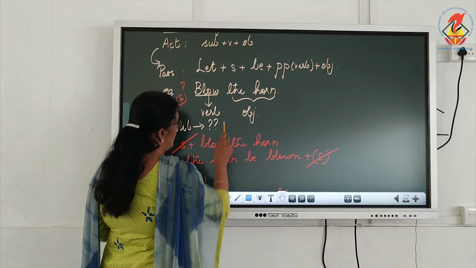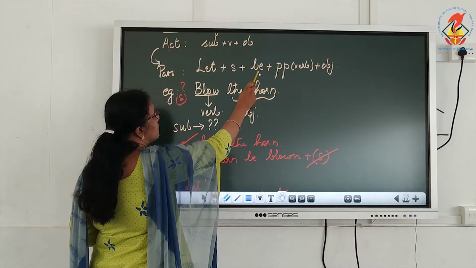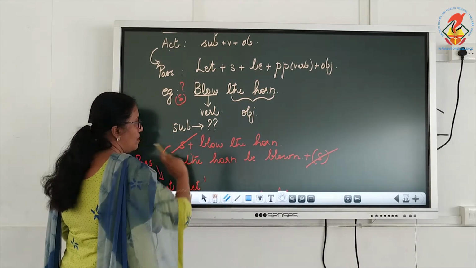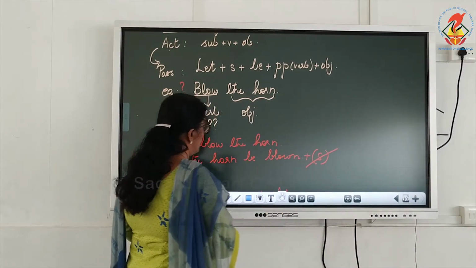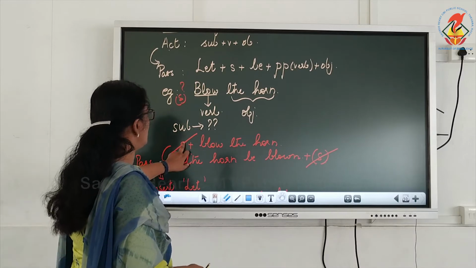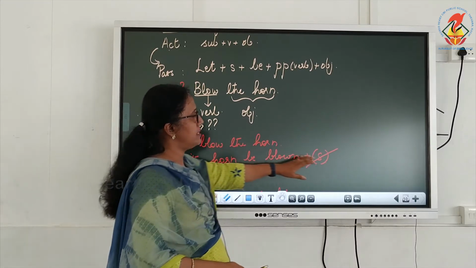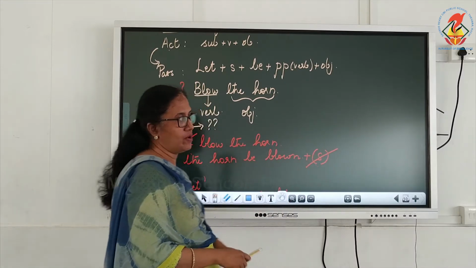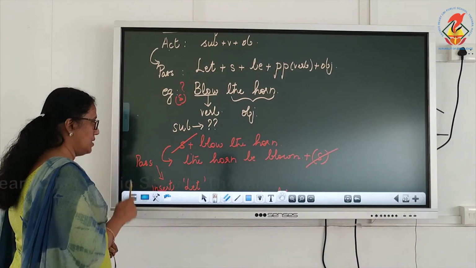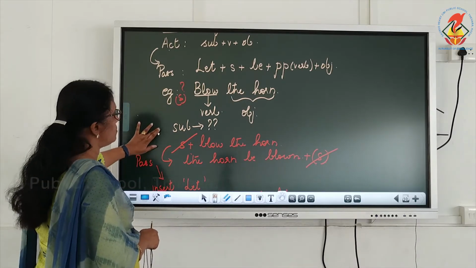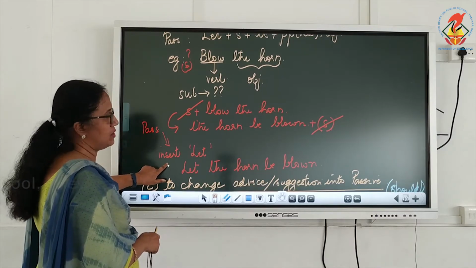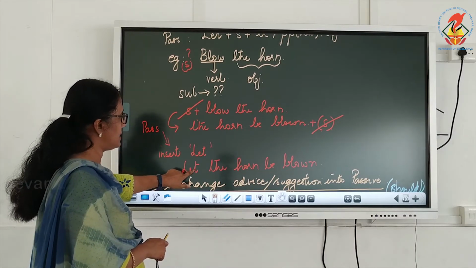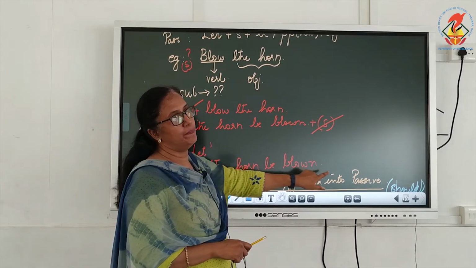When you rewrite it in its passive form, it is be plus the past participle of the verb. Since there is no subject here, naturally there is not going to be a subject in its passive form also. But here we will introduce the word let. So, let the horn be blown.